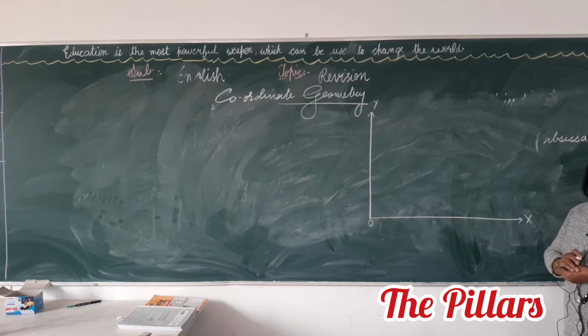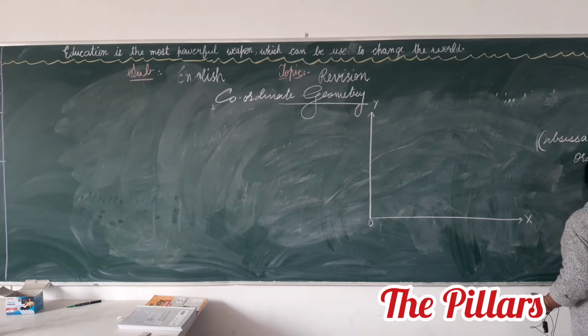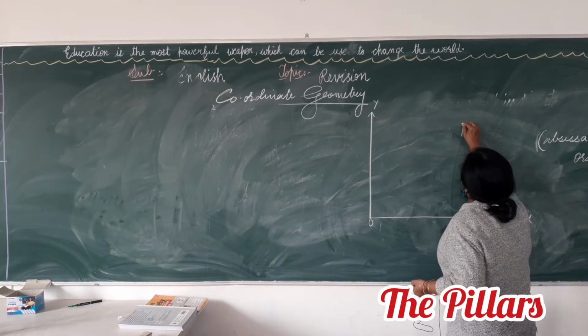And what is the second one? Y-axis. And what do you call it? Ordinate. Abscissa and ordinate.